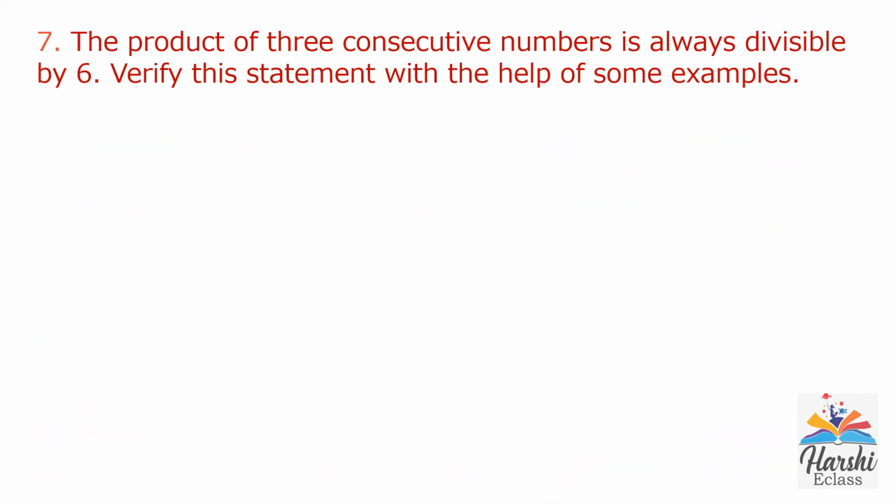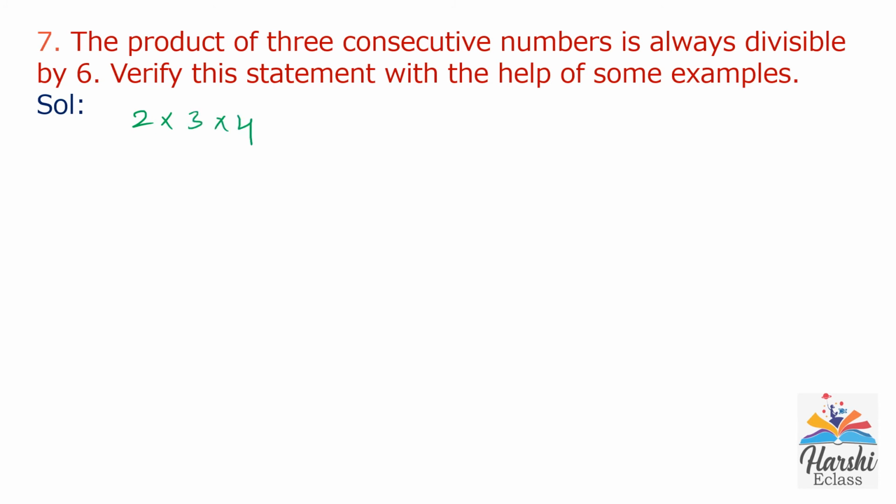Question number 7. The product of three consecutive numbers is always divisible by 6. Verify this statement with the help of some examples. Let's see two examples related to this. Three consecutive numbers, you can write 2, 3 and 4.